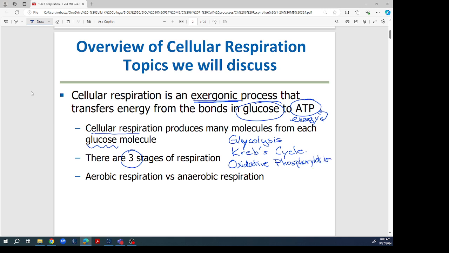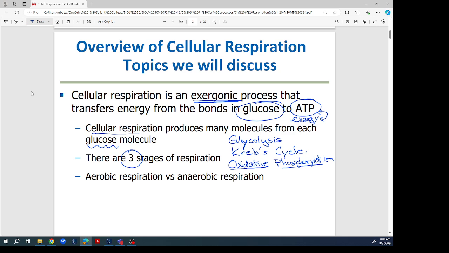So that's a really long word. I promise to try and say it as many times as possible. I always joke that if you have a new houseplant or a kitten or something, name it oxidative phosphorylation. Anything you can do to make yourself encounter those words as many times as possible is going to be helpful.